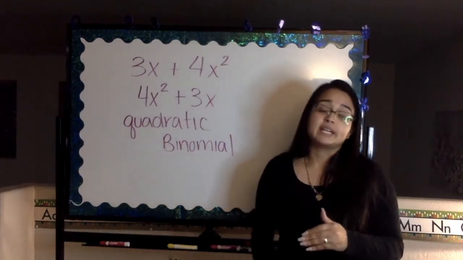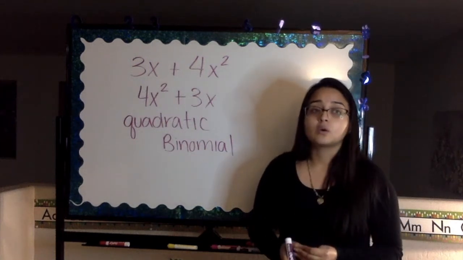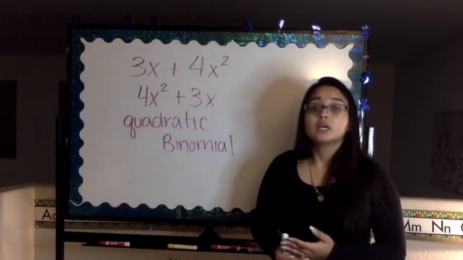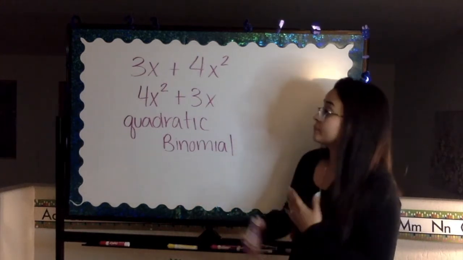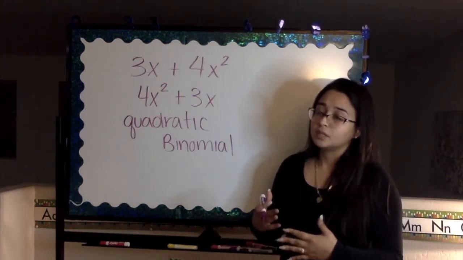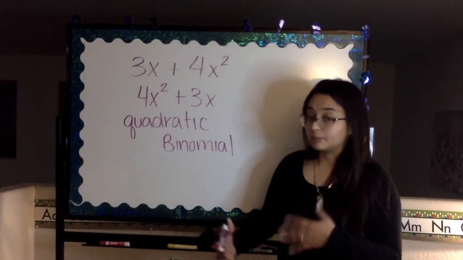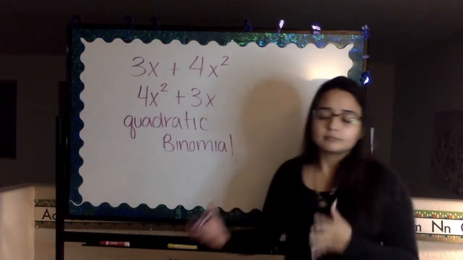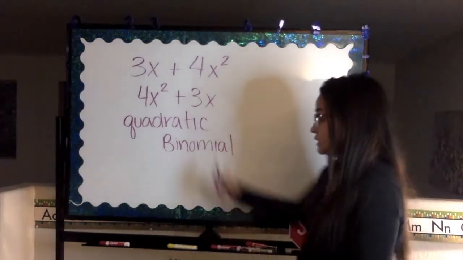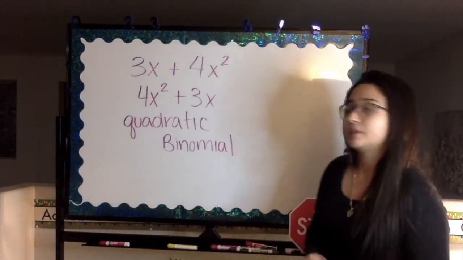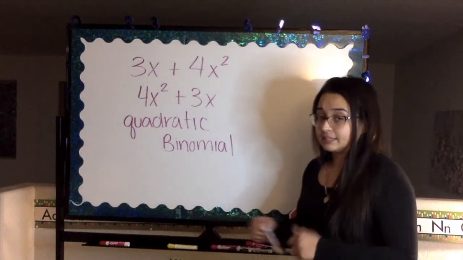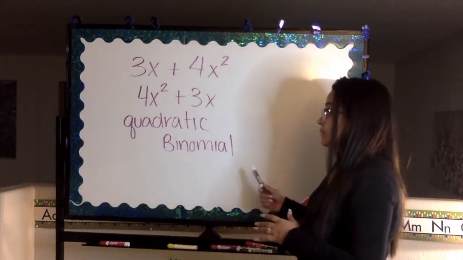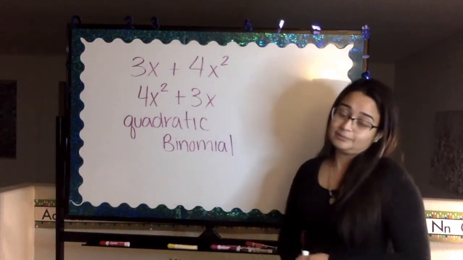It'll tell you when it is a quadratic or whether it's cubic or whatever name it would be labeled as depending on the degree, which in this case is 2. Okay, so that's how we put it in order, and that is how we classify it.